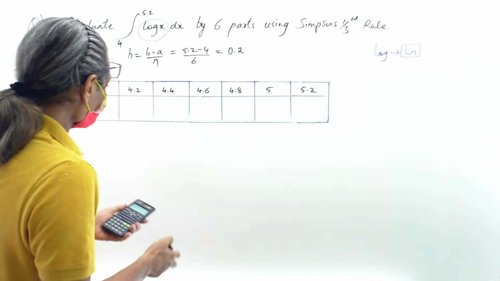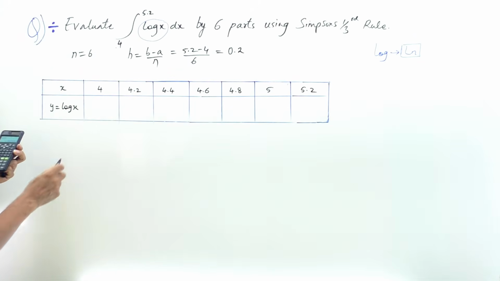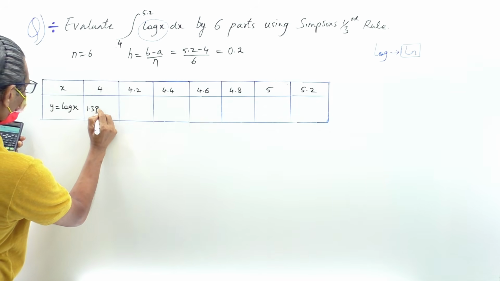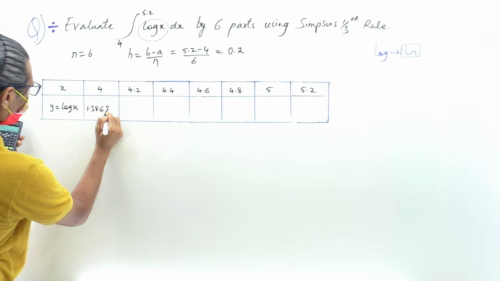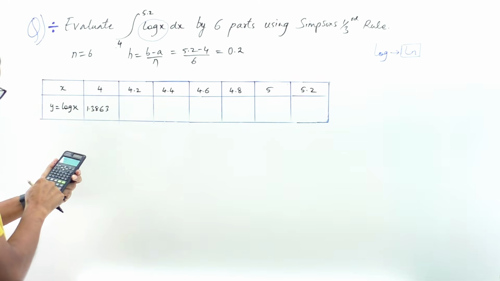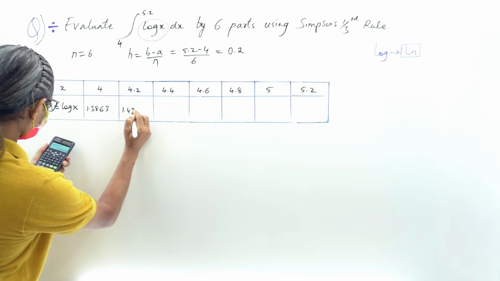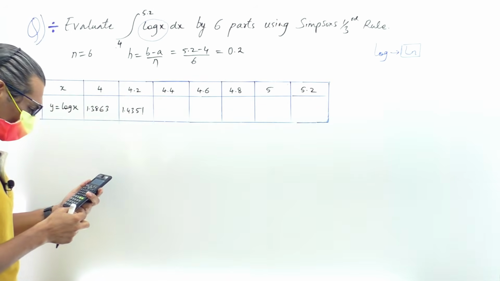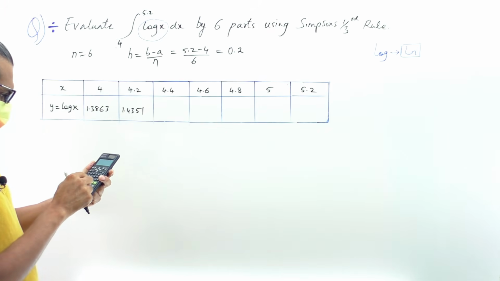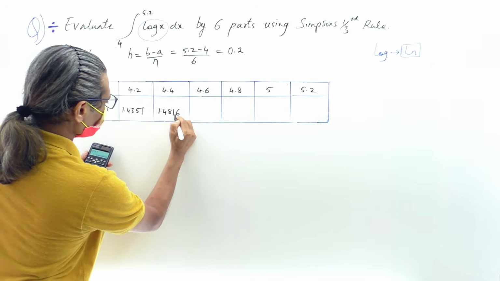Now ln of 4, write it down, is 1.3863. Then ln of 4.2 is 1.4351. Then ln of 4.4 is equal to 1.4816.